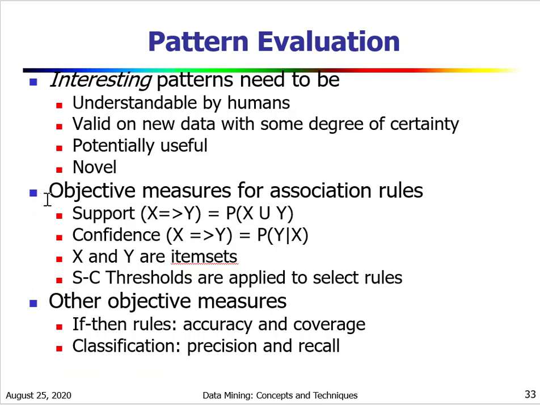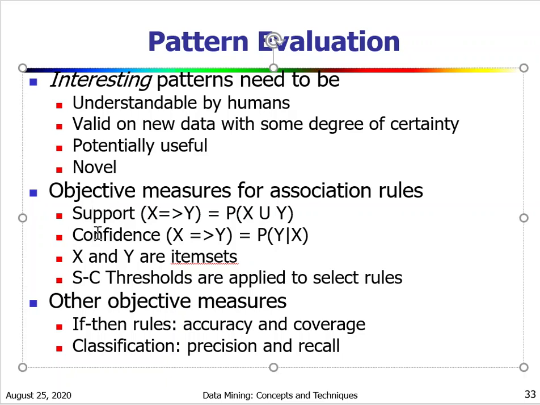Some objective measures for association rules, because we talked about this, right? Earlier we looked at association rules, we looked at support and confidence. And when we select association rules, we use a support and confidence threshold. We could use other thresholds of other metrics that we're going to introduce later to measure association rules.